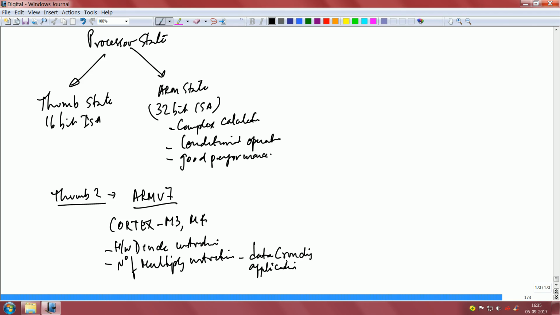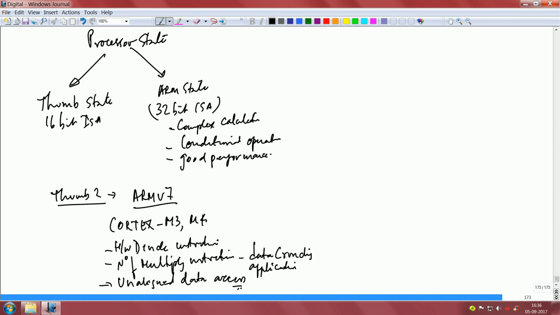Look at them. What is also interesting, which is normally available on very high end processors, is something called unaligned data access, and this is also supported on Cortex M3 and M4.